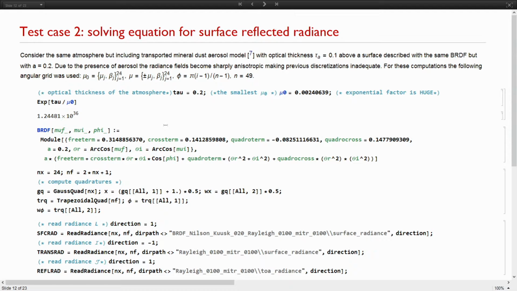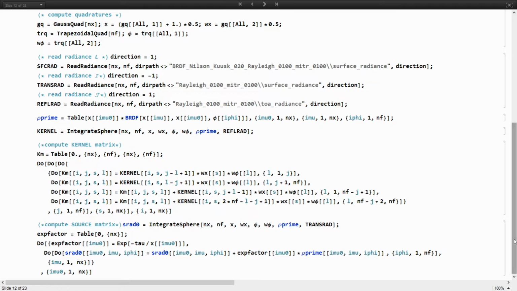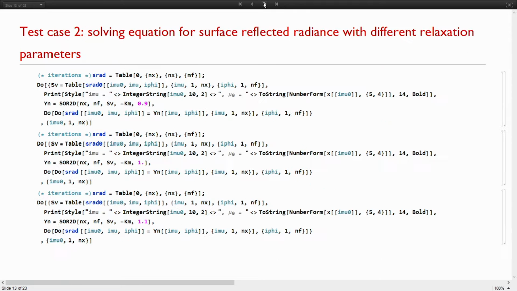However, it makes sense to solve the direct problem rather than the inverse problem. So solve for reflected radiance rather than BRDF. And this slide presents the code setting up computations.